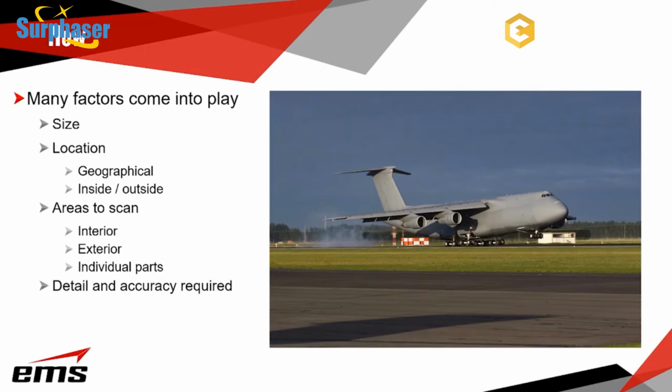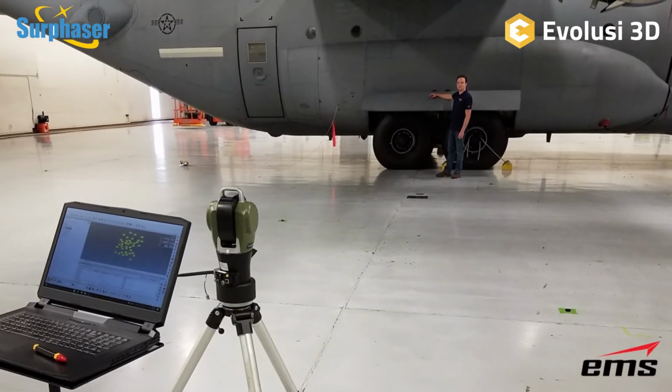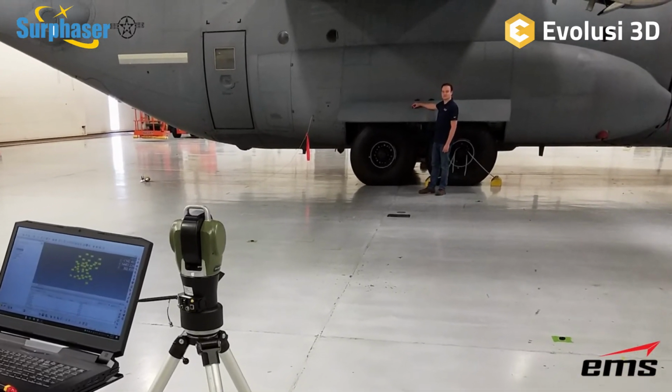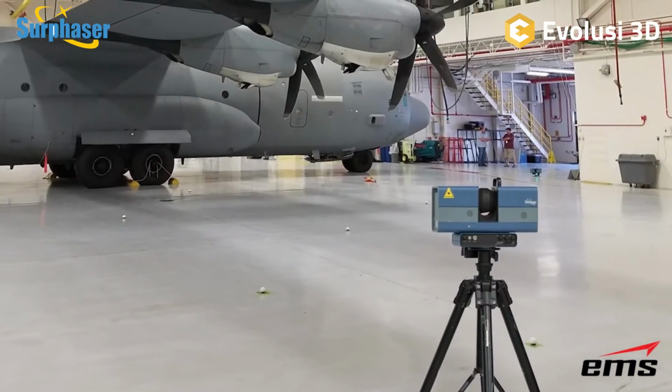Accuracy gets difficult to hold over distance. So if you're doing a very large aircraft and you're trying to hold a fairly tight tolerance, that's going to be more equipment, or maybe different equipment and different processes to be able to do that and do it accurately.